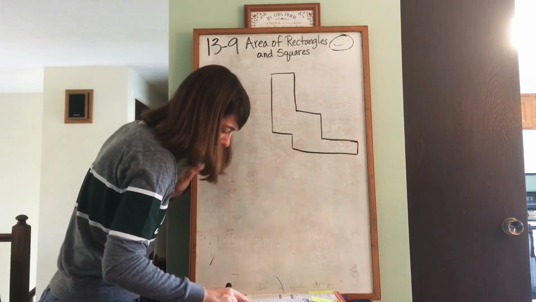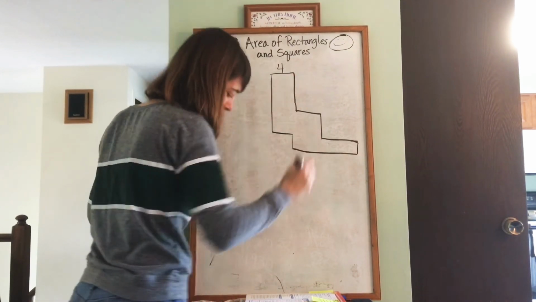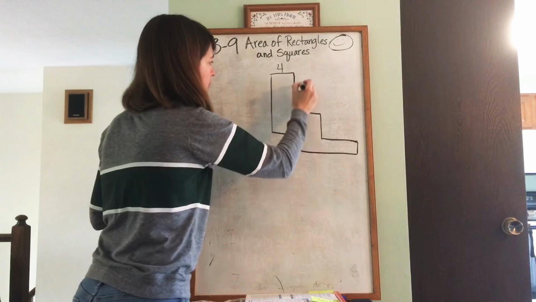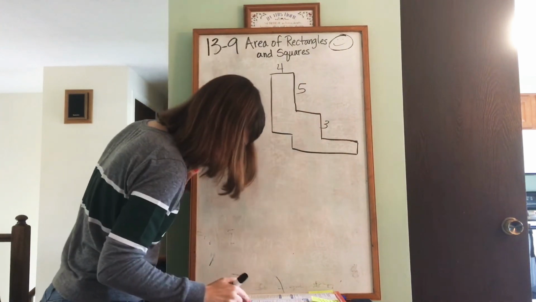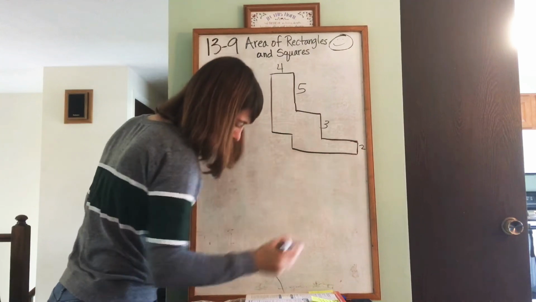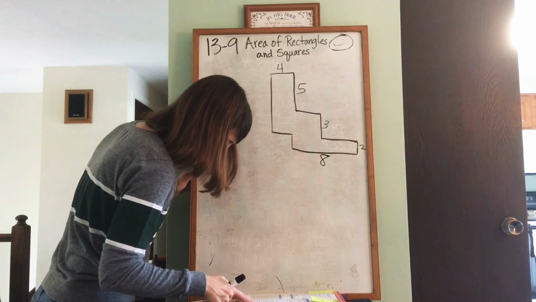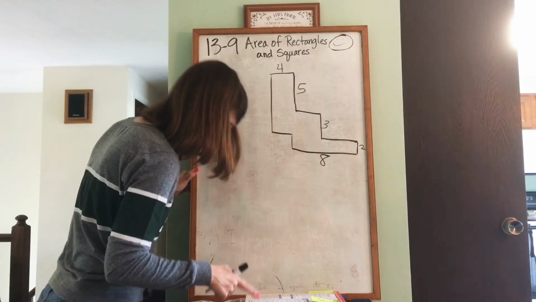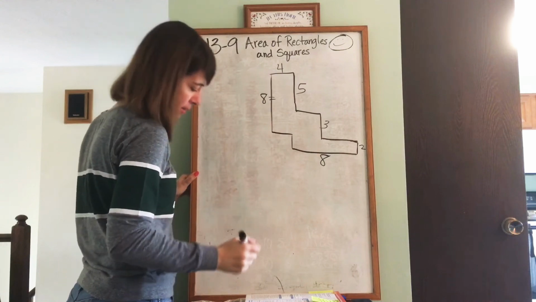Okay, then we need to do some labeling. So we've got 4 labeled here, we've got 5 here, 3 here, 2 over here, and 8 here. Now by the 8 there are 2 dashes, which tells me that the 2 dashes over here make that 8 as well.